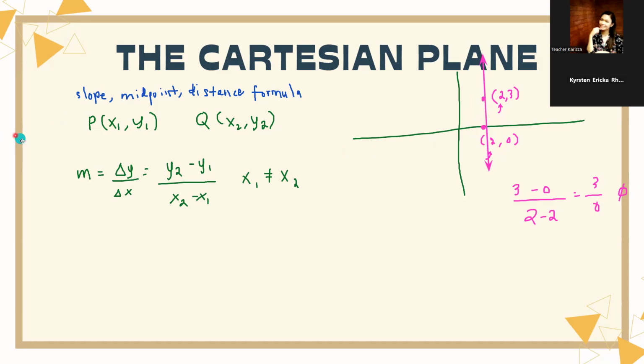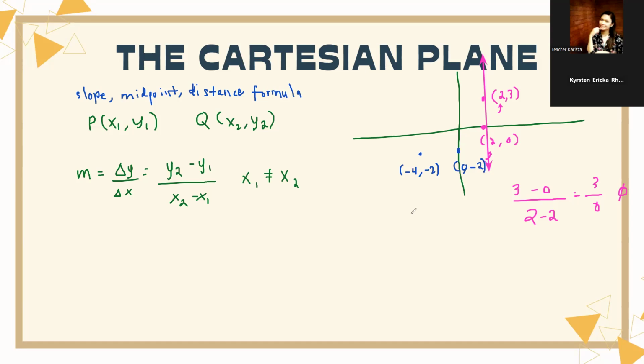Alternatively, if the y is the same for your two points, for example, we have -4, -2, and 0, -2.